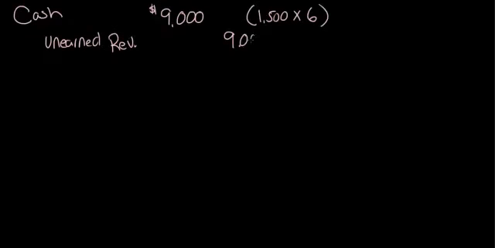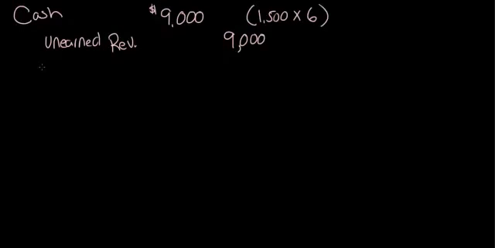And how did I get that number? It's $1,500 a month, and it's for 6 months of services, and that equals the $9,000. And now we're going to have an unearned revenue for $9,000, and this is a liability account.